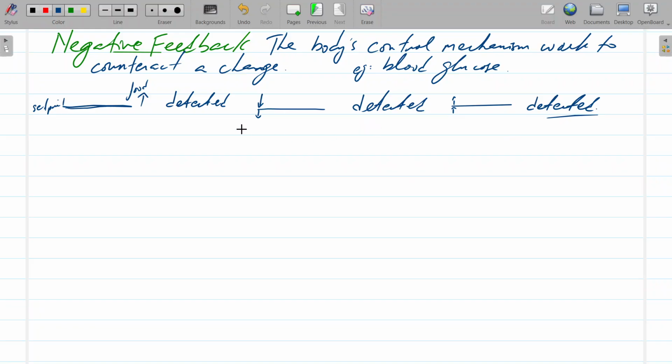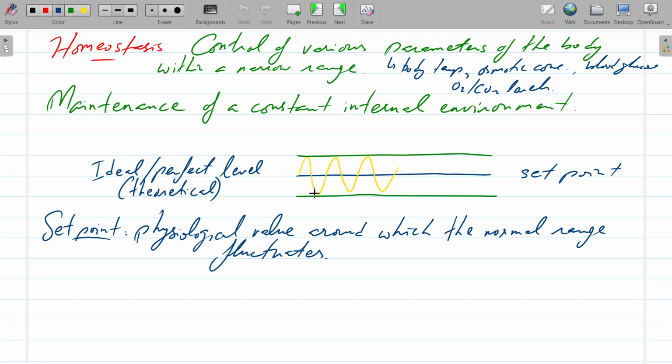It's a bit more detail than you need to know, but that is why the values fluctuate within a certain range, because the body is constantly correcting the changes to keep it within that limit. It's not going to wait for it to go above the limit.